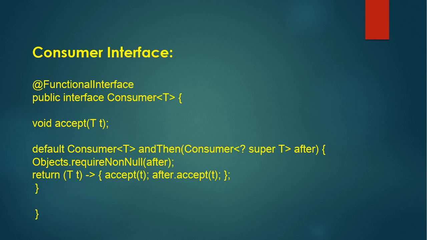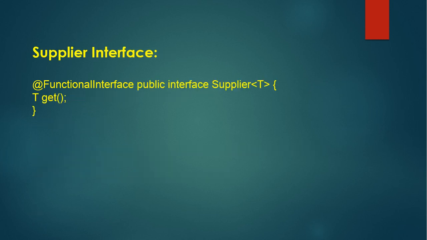You can do that, and this will be very useful when we do stream related operations. And the supplier interface, as we have discussed, has one abstract method, which is get, and it does not take any parameter, but it returns a value.